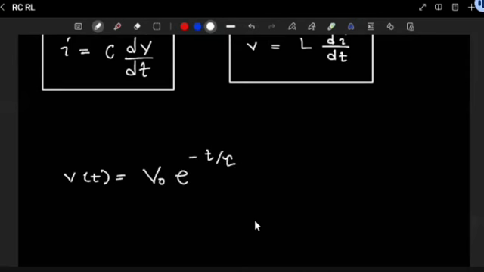For a capacitor, the time constant tau is given by the resistance multiplied by the capacitance. Take note that the resistance is the total resistance in the circuit. Meaning, if you have 2, 3, or 4 resistors, you have to combine them into one resistor.